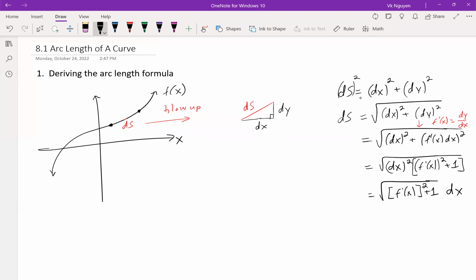And if the function is written in terms of y, then that would be something like g prime y squared plus 1 dy.